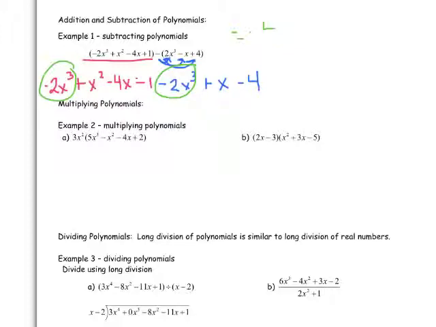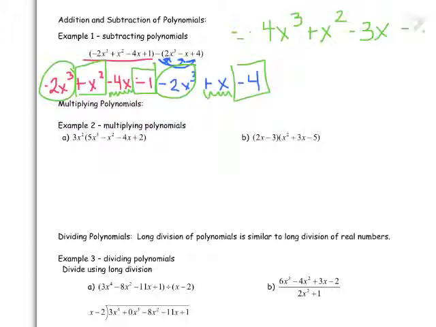So negative 4x cubed. This is my only square term, so plus x squared. My x's, I've got minus 4x, and plus x makes minus 3x. And my regular numbers, I've got positive 1 and negative 4, so minus 3.